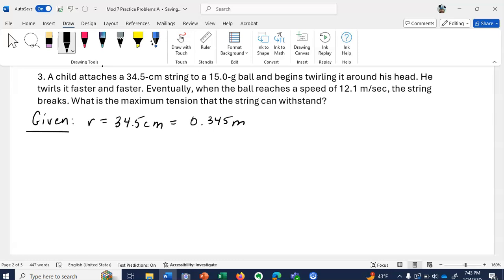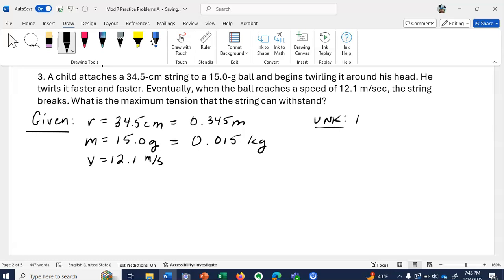Then we have a mass of 15 grams, which we have to convert to kilograms, so we divide by 1,000. It says eventually the ball reaches this velocity.